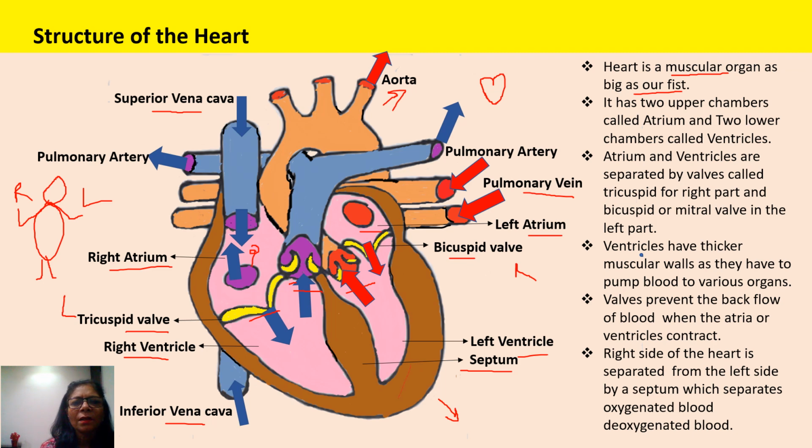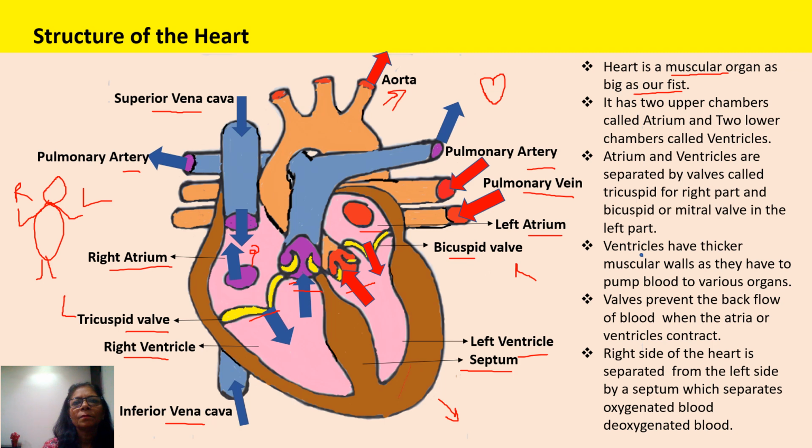The pulmonary artery branches and takes the blood to the left and the right lung. The heart beats. That means it contracts and relaxes rhythmically. This contraction begins from the muscular septum.